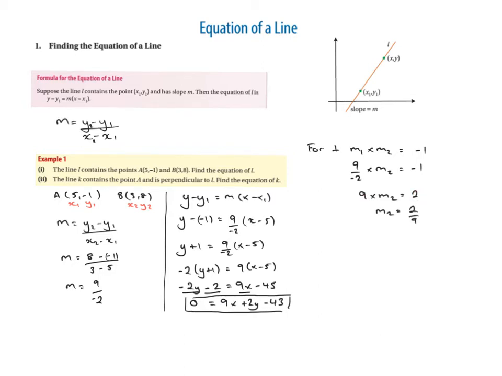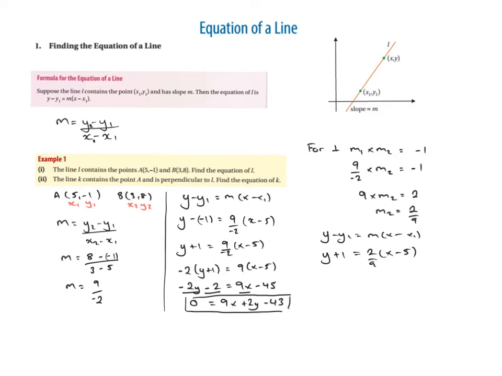From there, we're told that A is on the line. We have the gradient, so we're going to do exactly what we did a second ago in order to solve this particular part of the question. So again, we know that y minus y1 is equal to m times x minus x1, and our y minus, well, it's the same coordinate as before, so it's going to be y plus 1, because minus minus 1 is plus 1, is equal to m, which is 2/9, times x minus minus 5.